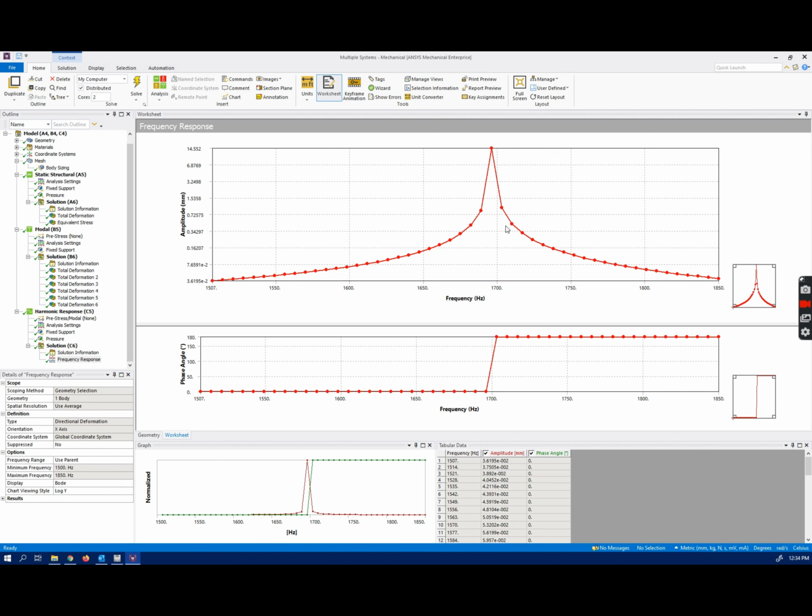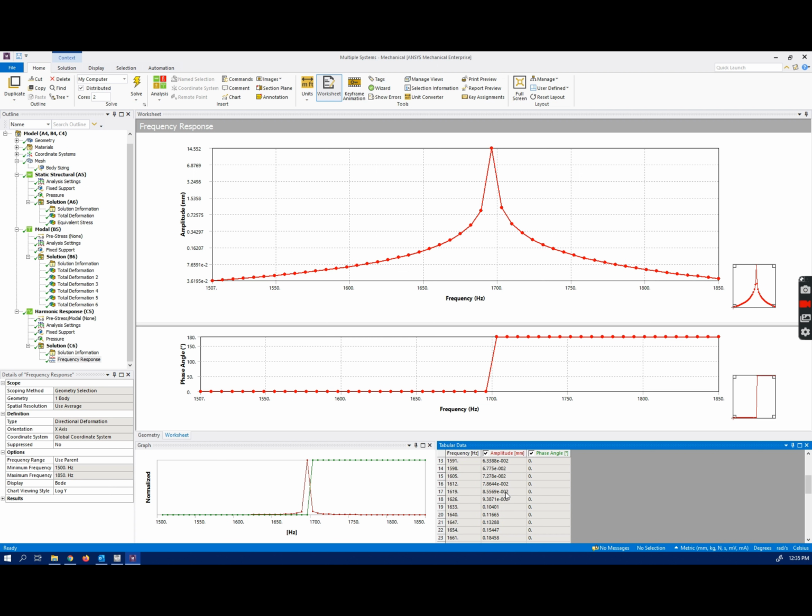Okay, now we have very clear data. We can see our amplitude or deformation reaches the max around 14.5 millimeter at under 1700. So 14 here.